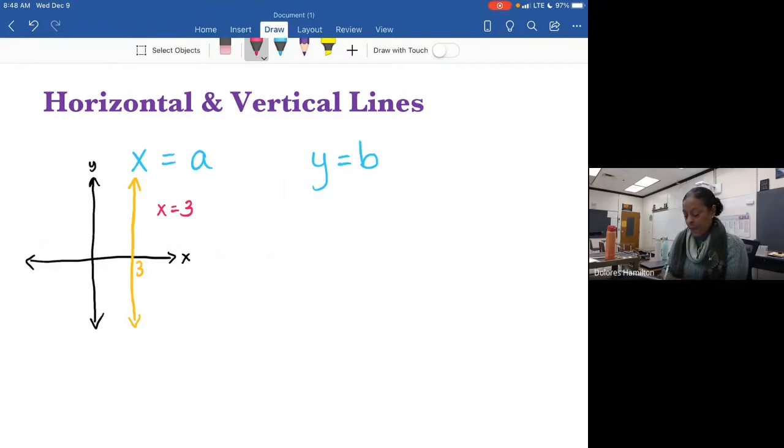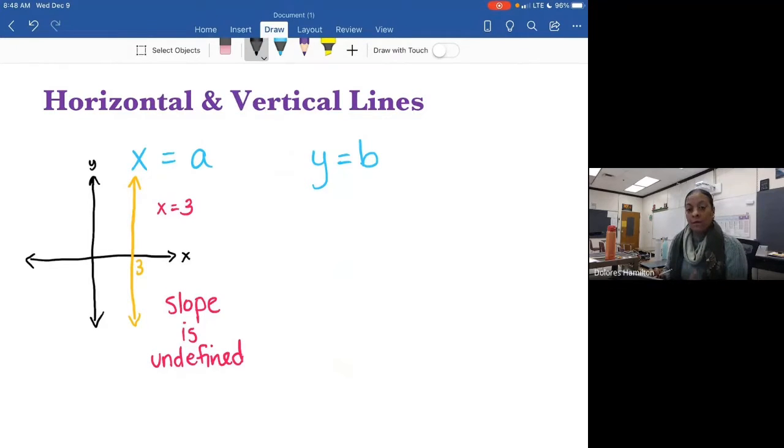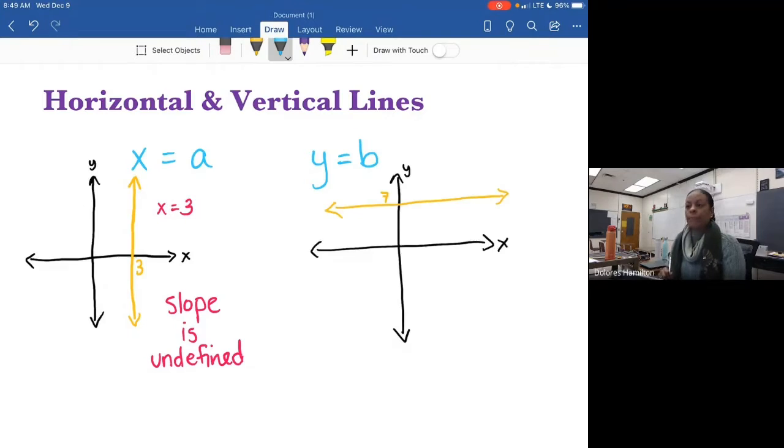One thing to keep in mind, the slope of a vertical line is undefined. Horizontal lines look like y equals b. And they look like that yellow line. That example would be y equals 7. And we want to remember for horizontal lines, the slope is 0.